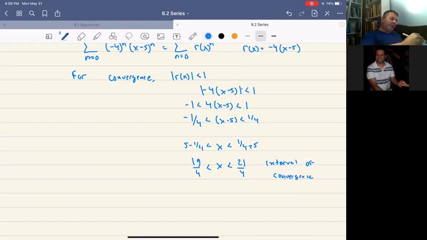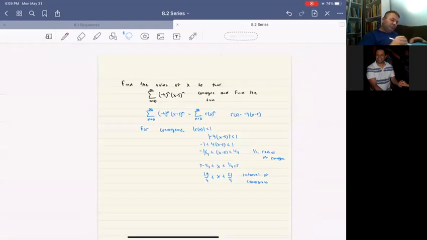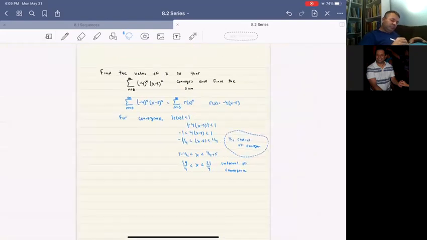This 1/4 that we found, we can call that a radius of convergence.